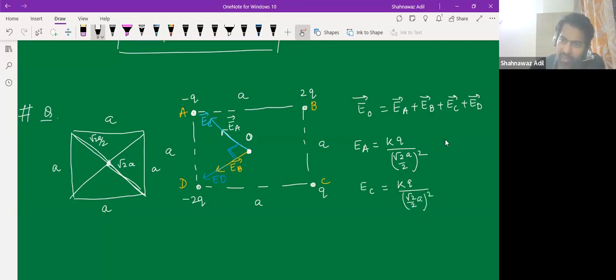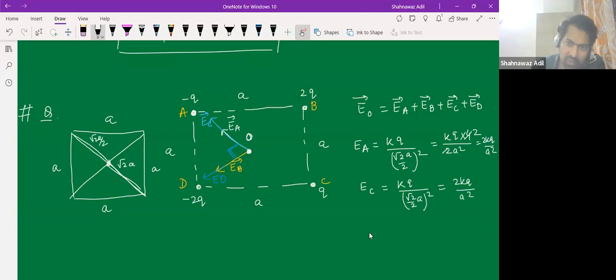So let us simplify this. This is KQ by 2a square divided by 1 over 4, so this is 2KQ by a square. Similarly, this is the same, 2KQ by a square.